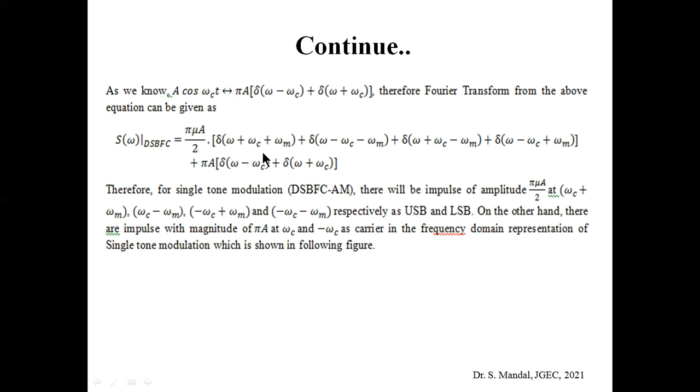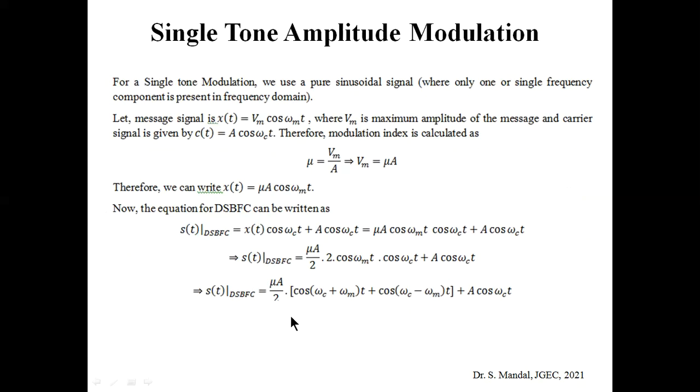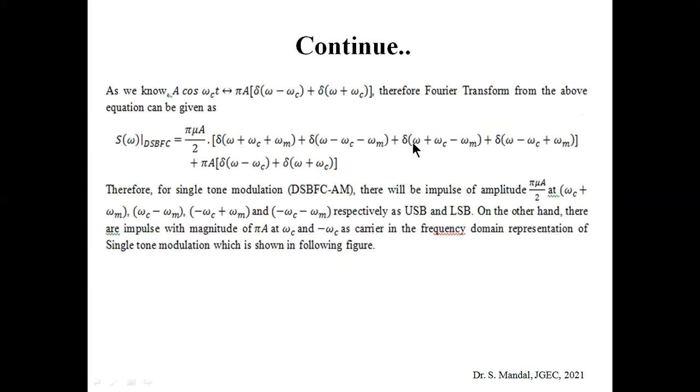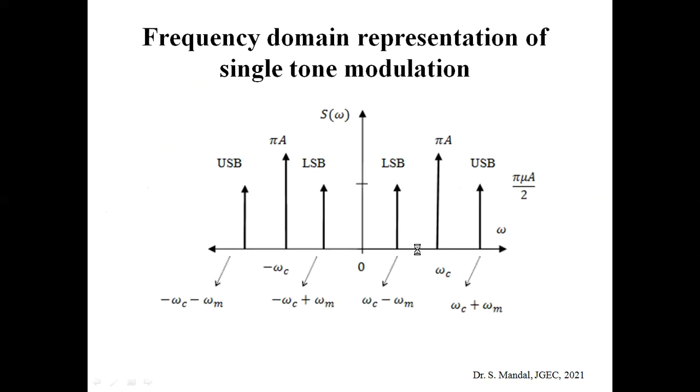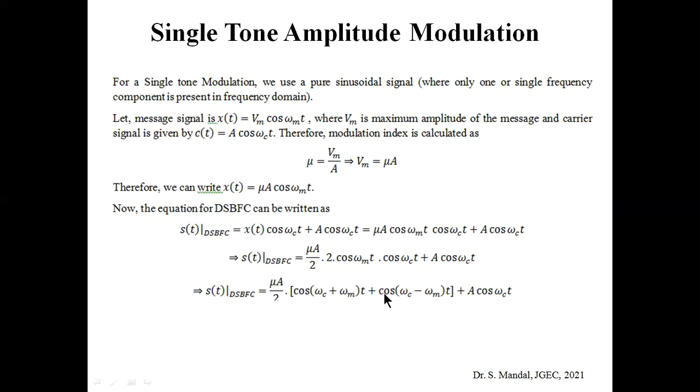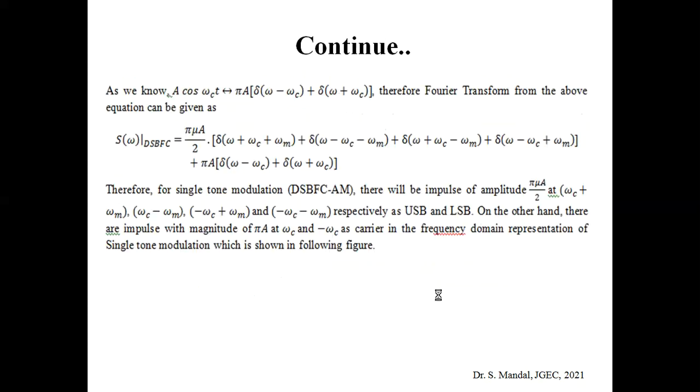Now, first these two terms correspond to the Fourier transform of cos omega c plus omega m t, and the next two parts, delta omega plus omega c minus omega m and delta omega minus omega c plus omega m, correspond to the Fourier transform of the second cosine term, cos omega c minus omega m t. After that, this corresponds to the pilot carrier, pi A into delta omega minus omega c plus delta omega plus omega c.